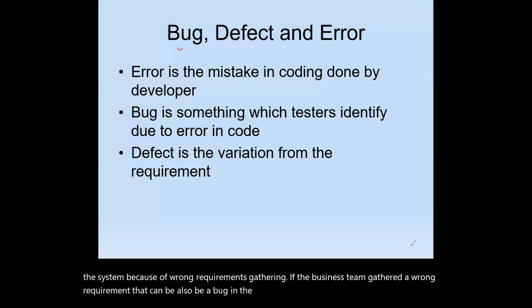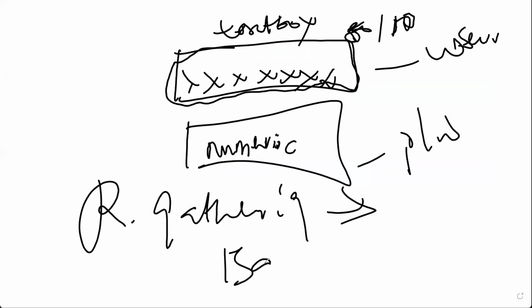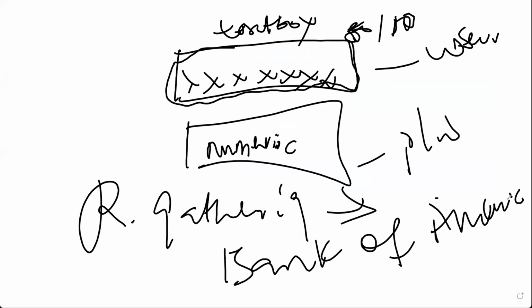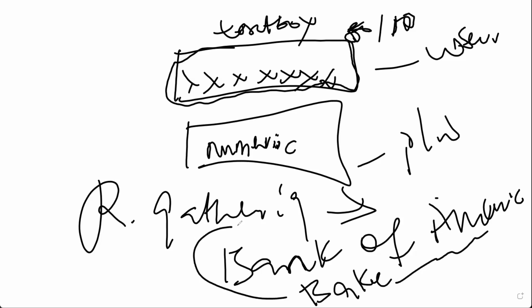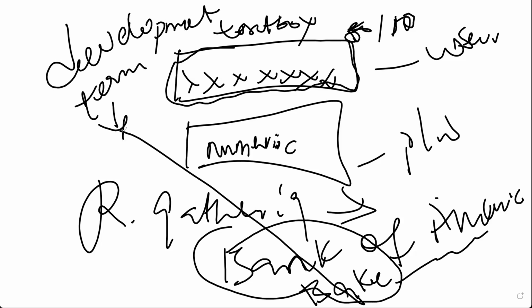Say in the requirement gathering, they want to put in Bank of America, but they misspell it. So that is a bug. The development team will start developing it as the misspelled name, because they didn't catch that wrong spelling.